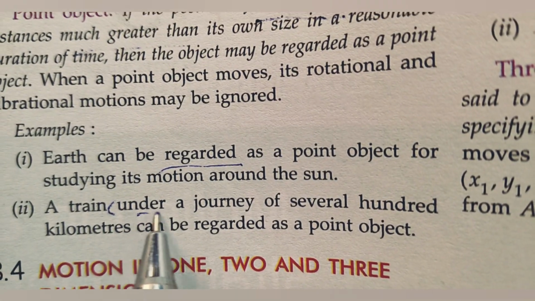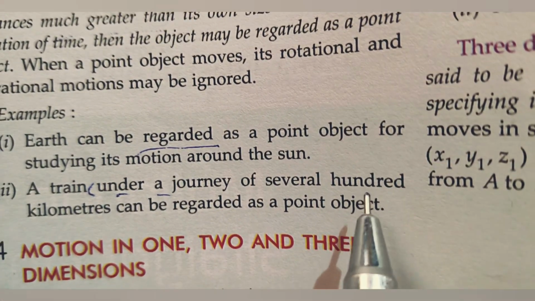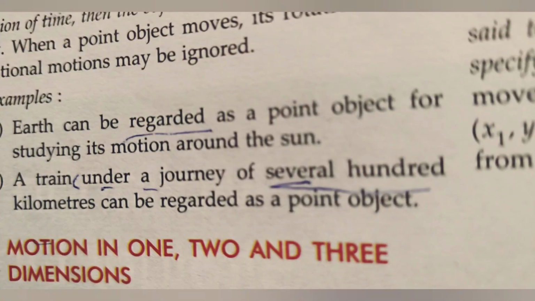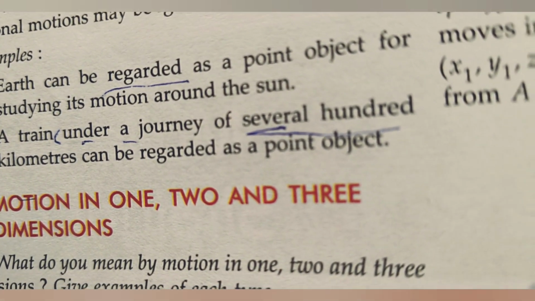Similarly, a train on a journey of several hundred kilometers is regarded as a point object. Why? Because the train is changing position by several hundred kilometers, but the size of the train itself is nearly 80 to 100 meters, approximately, in general.